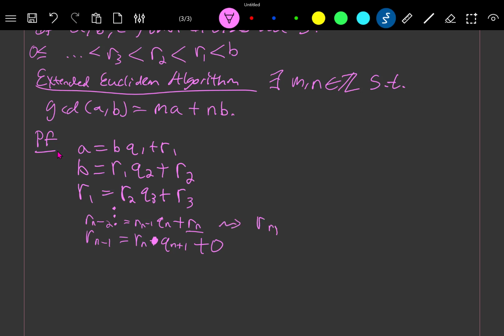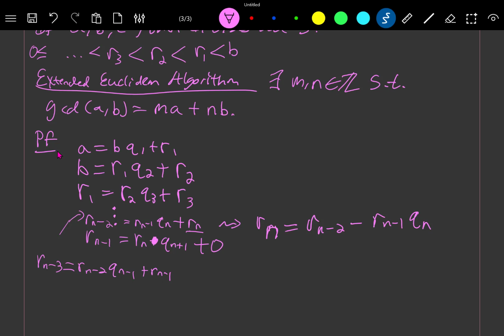And we can rewrite this equation as R_n is equal to R_{n-2} minus R_{n-1} Q_n. And above this equation, we have R_{n-3} is R_{n-2} Q_{n-1} plus R_{n-1}. So that's the equation that comes before this.